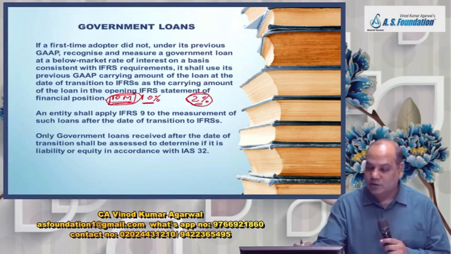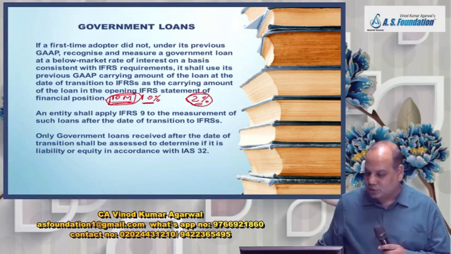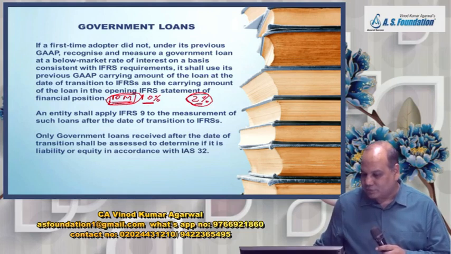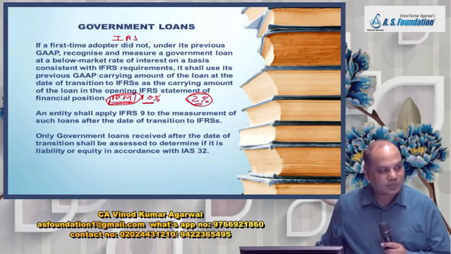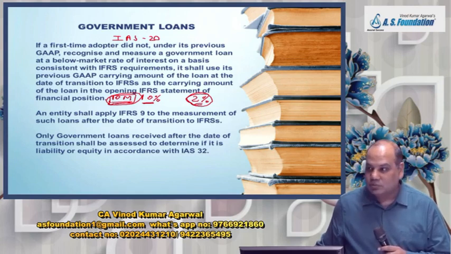But with IFRS 9, once again the role of IFRS 9 is here. IFRS 9, IAS 32 and of course IAS 20, the main standard. Three standards are applicable for this. Now this IAS 20 will require you to measure this liability at fair value. So you will discount the future cash flow at 10%.